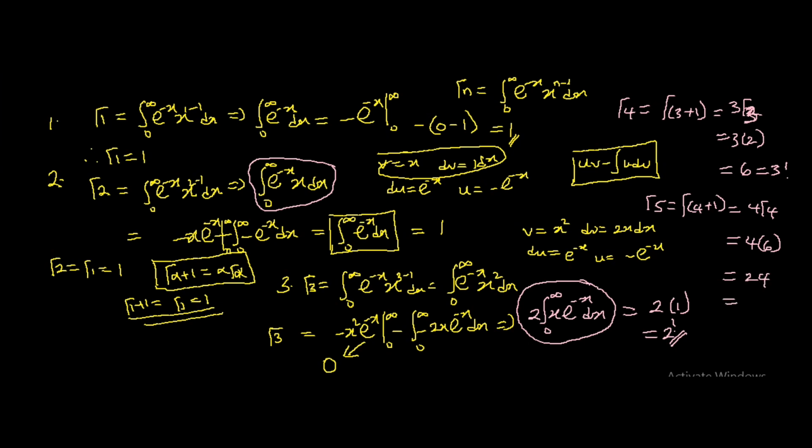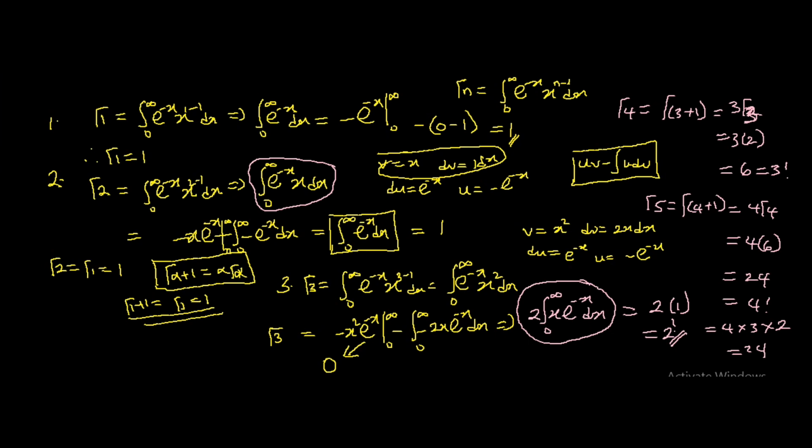And 24 is equal to 4 factorial. That is 4 times 3 times 2 times 1 equal to 24. So this is a recurrence formula for finding your gamma function.